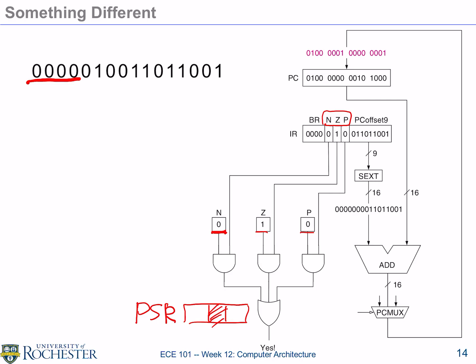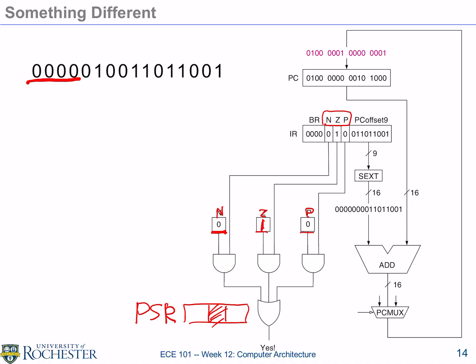It's either 0, Z, positive, P, or negative, N. So if it's 0, the Z bit will be set, the other 2 bits would be reset. So the branch is based on the condition, the conditional flag that we have now.